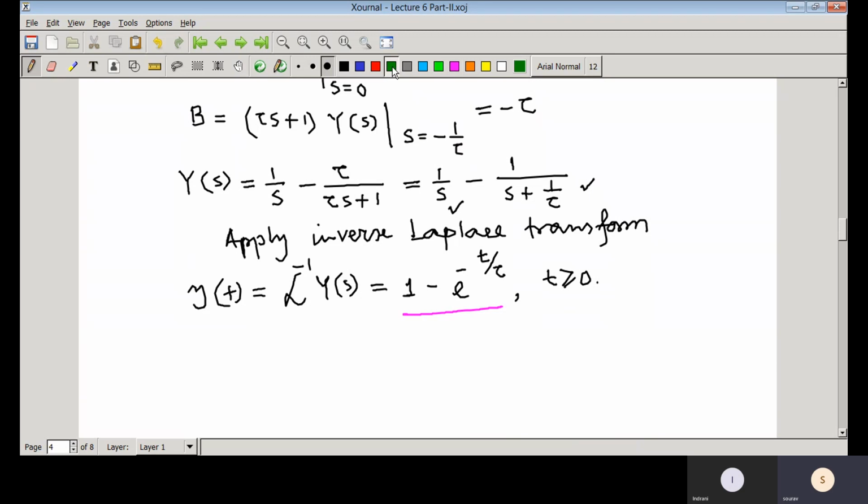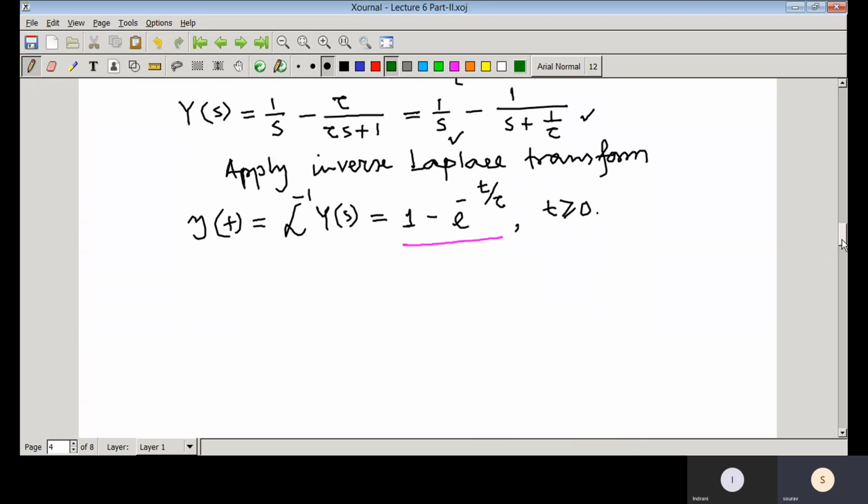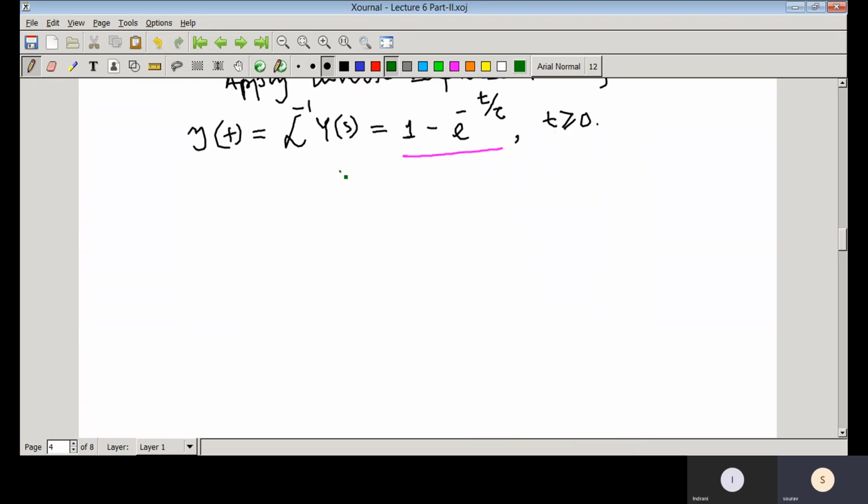So if you plot it, then what will you see? So this is your time t and this is your y(t). You have applied that unit step function, so that is 1.